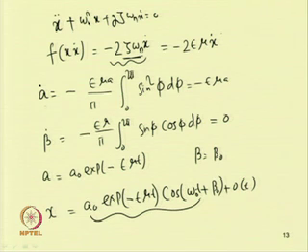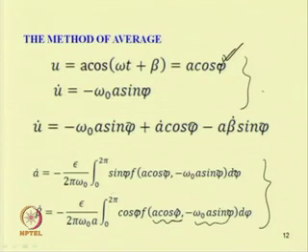So, the A dot equation we have written. In A dot, sin phi is multiplied with this function, and in the case of beta dot, cos phi is multiplied with this function. Here x is A cos phi and x dot is minus omega 0 A sin phi. For x dot one has to substitute this term, and if there is some x term then one has to substitute that.